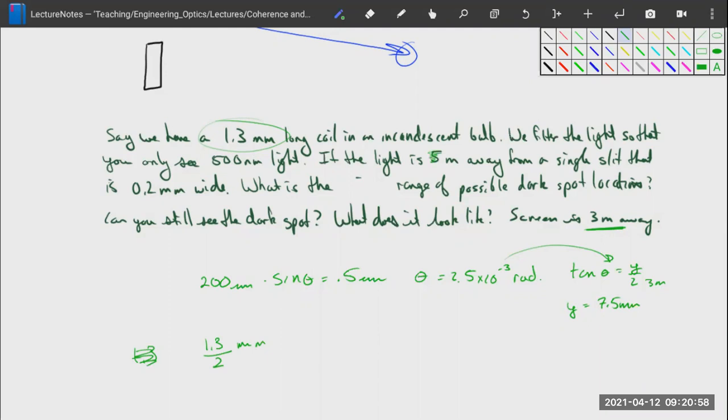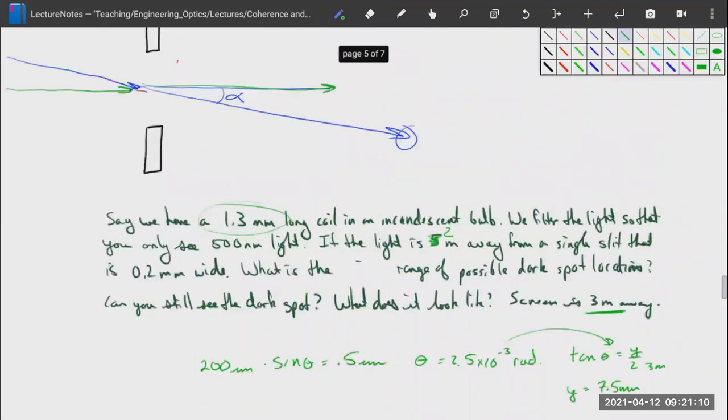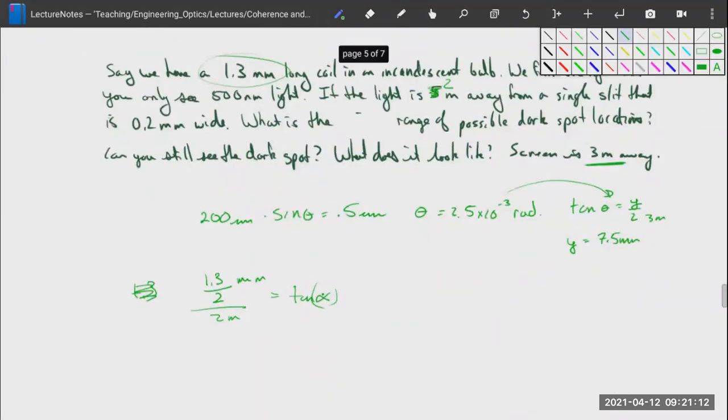I'm sorry, this is not 5 meters, this is 2 meters. So if we divide this by 2 meters, and this is equal to the tangent of alpha, where alpha is the difference in angle between our two rays, then we get that alpha is equal to 3.2 times 10 to the negative fourth radians.